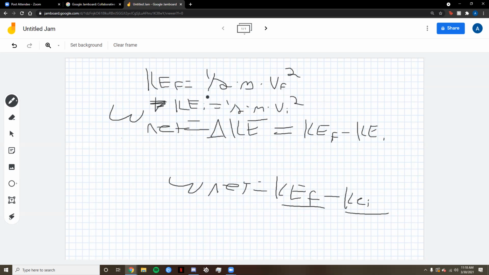That's how you get the two kinetic energies, and then with that you can find the Wnet. Wow, my writing sucks. That's really it when they ask you for Wnet. No, that's really it for that formula.